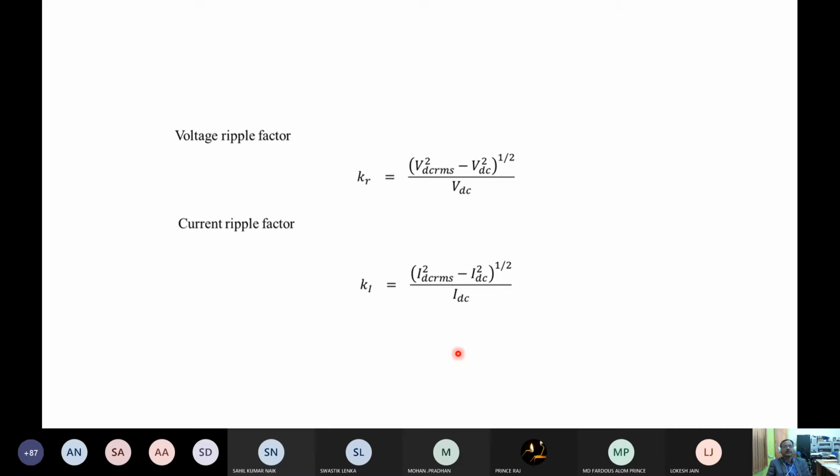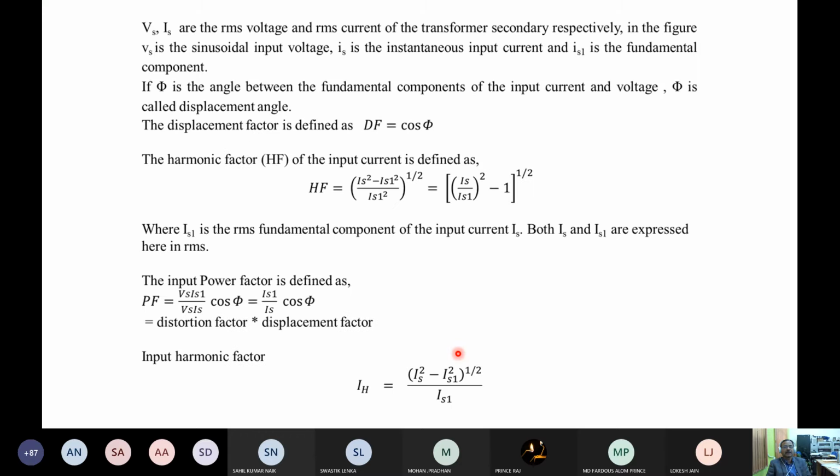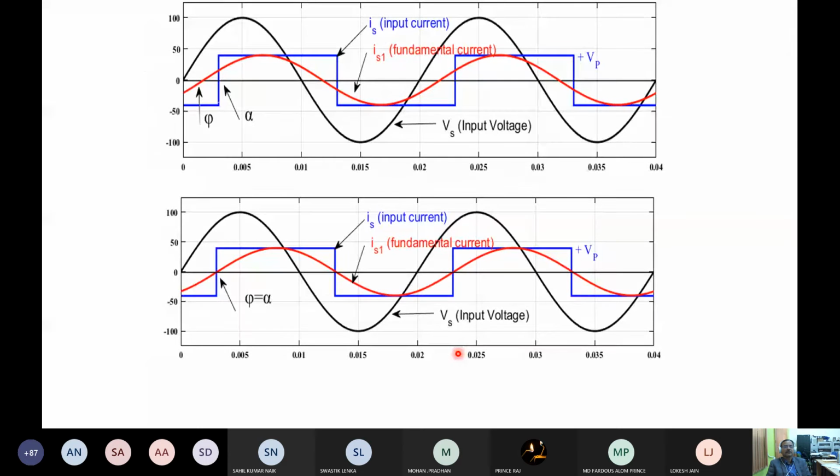So these are the performance parameters: voltage ripple factor, current ripple factor, distortion factor, input power factor, then harmonic factor, current harmonic factor. Because source voltage is sinusoidal, whereas the source current is not sinusoidal. It has a fundamental component and harmonics.